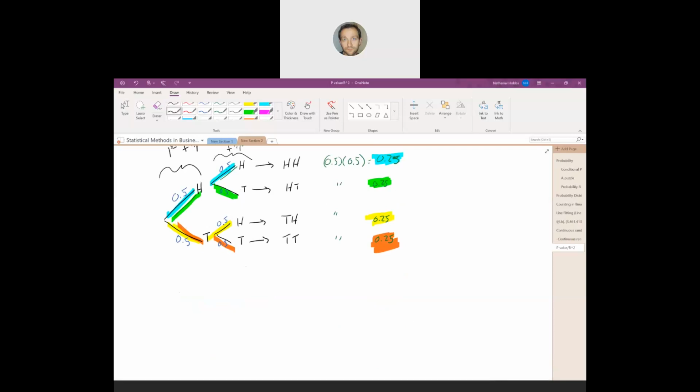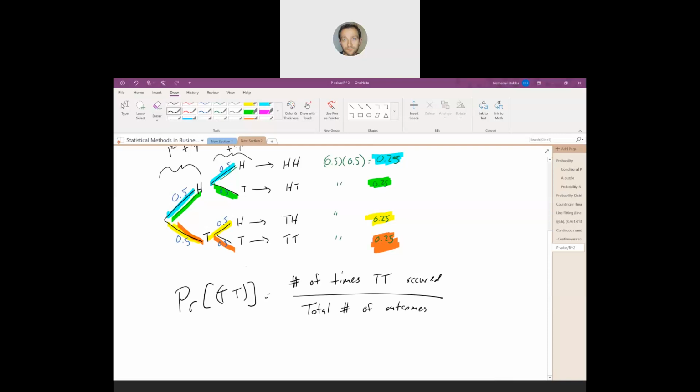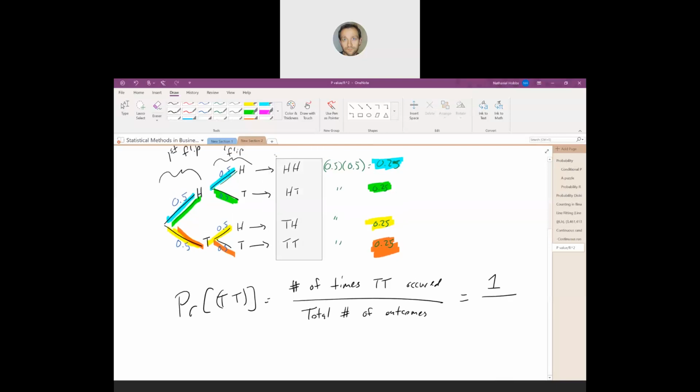Here, for example, the probability of tails is the number of times tails occurred over the total number of outcomes. And here, tails appears one time, and we have 4 possible outcomes.